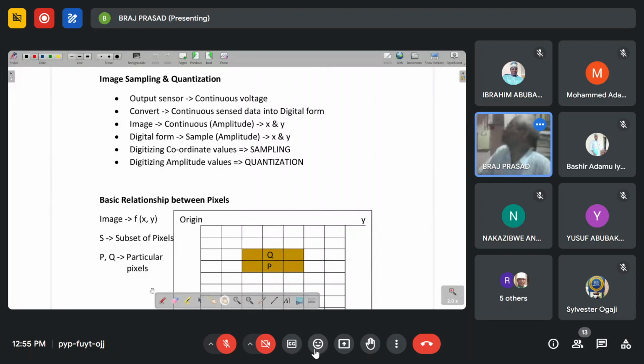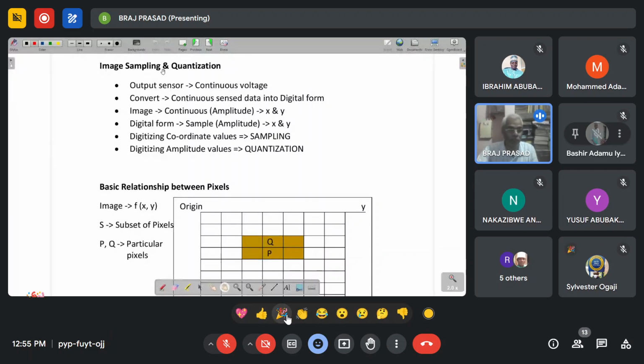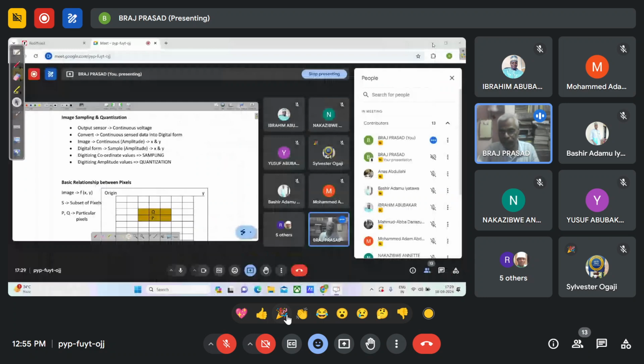But now there is no time, so we will discuss this topic in the next class, where we will learn in detail about image sampling and quantization. These two are the main topics of image processing.